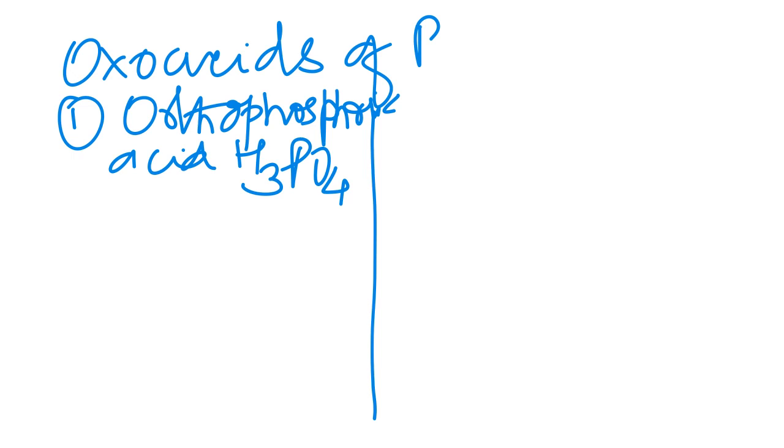So whenever there are oxoacids, the compounds will surely have one double bond O. One oxygen will be attached by double bond with phosphorus, the central atom, and the other bonds will always be single bonds with phosphorus, and the hydrogen may be attached to it. It may be attached to this oxygen, or hydrogen can be attached to the phosphorus also.